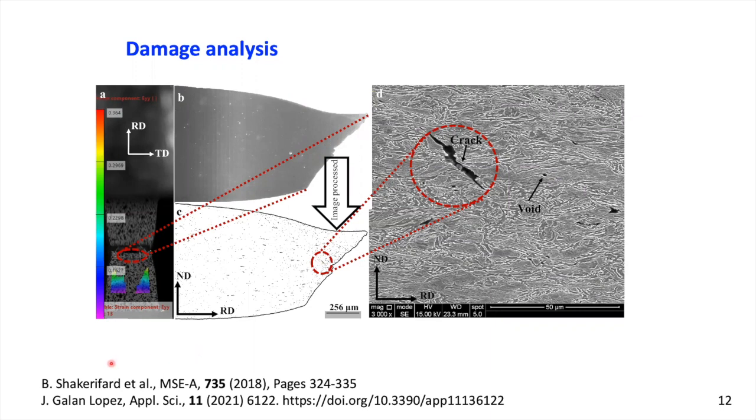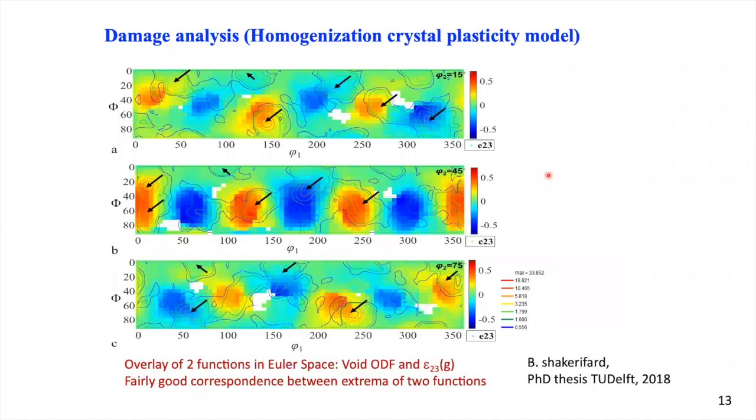This was the PhD work of Behnam Shakir Rifat, and actually he looked very much in detail at the local texture around these voids, and that was the so-called void texture and the void ODF. And then we tried to analyze these data.